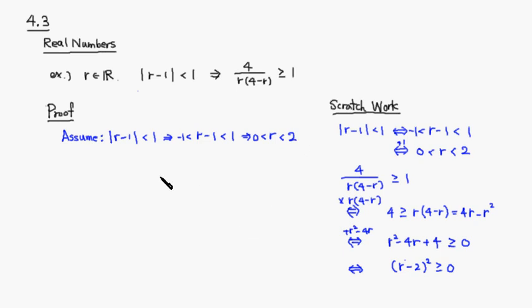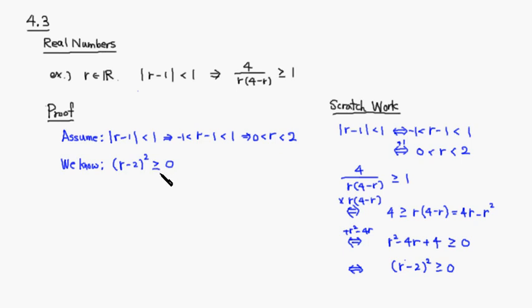Then we also know for sure that the quantity r minus 2 squared is greater than or equal to 0. We know that because we are only dealing with real numbers, and something squared is never negative.